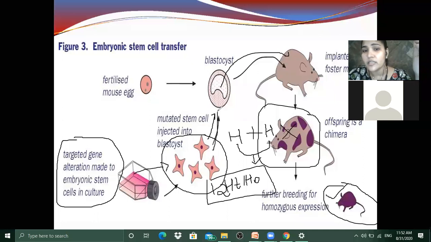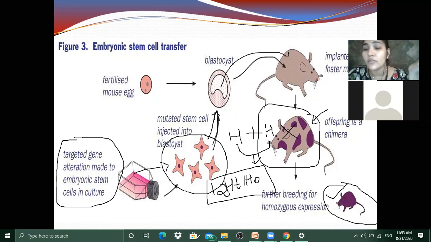Since we are inserting a few cells at the stage of blastocyst, the developmental stage of the fertilized mouse, I will be getting a chimera which will be heterozygous for the transgene expression. The transgene means the gene that I have inserted, it will be heterozygous for that.